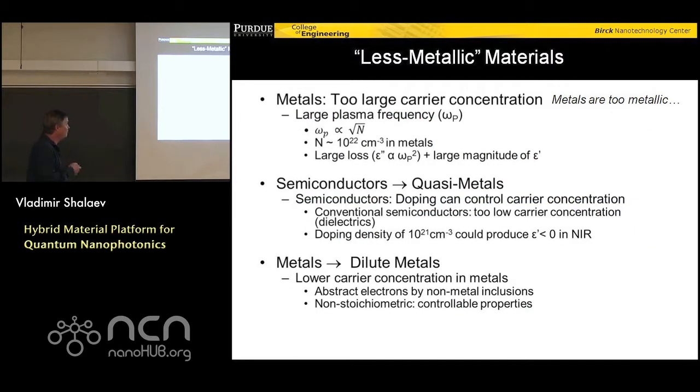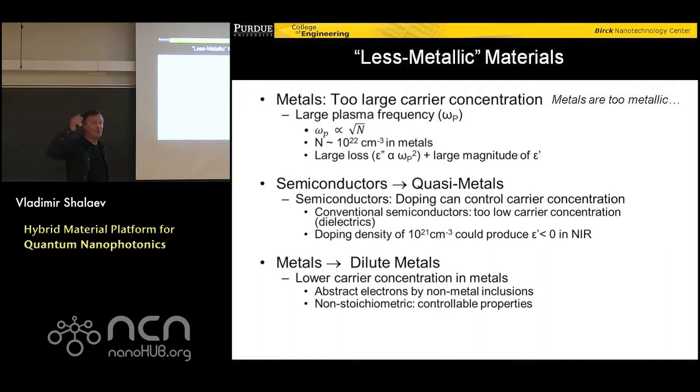Let me be a bit more specific about how to control the real and imaginary parts of the electric permittivity. Let me remind you that the plasma frequency is proportional to the square root of the charge carrier density. And both the real and imaginary parts of the electric permittivity for a Drude metal are proportional to the plasma frequency squared, right?